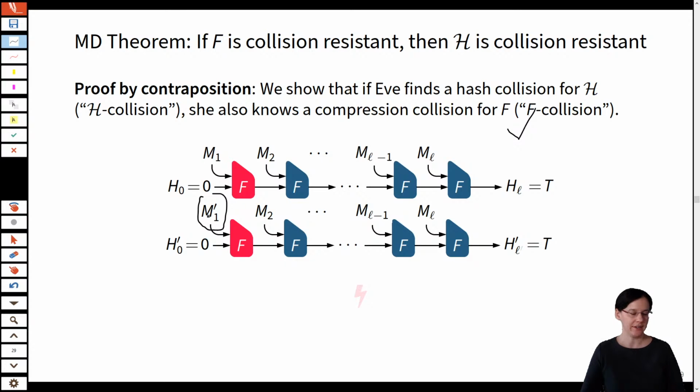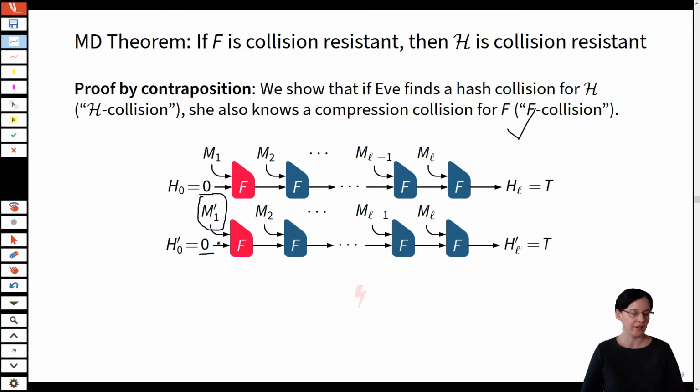And if they were identical, then it comes back to the initial chaining value. Since we now know that the length of the two messages was the same, we know that for both of them, this initial value here was the same value of 0.